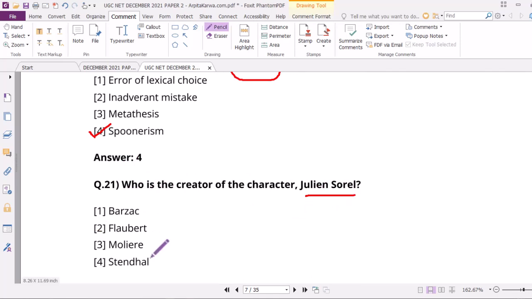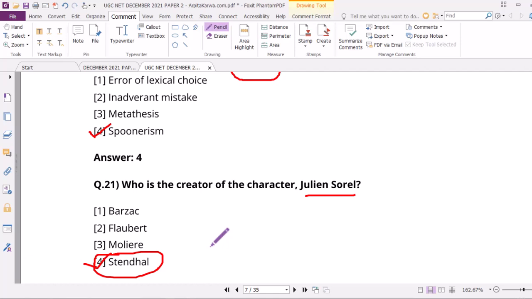Okay, so this is a famous character and it's the creation of Stendhal, and he is the protagonist of Stendhal's Red and Black, sometimes also called Scarlet and the Black, because red and scarlet are one and the same thing. A very famous novel by Stendhal, and Julian Sorel is the protagonist of this work.